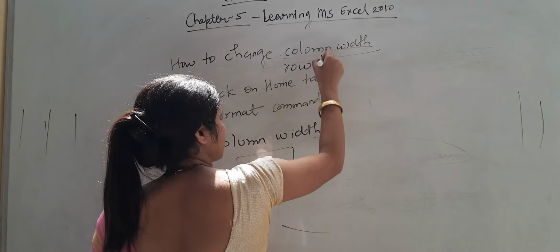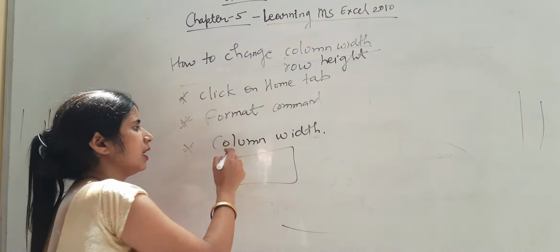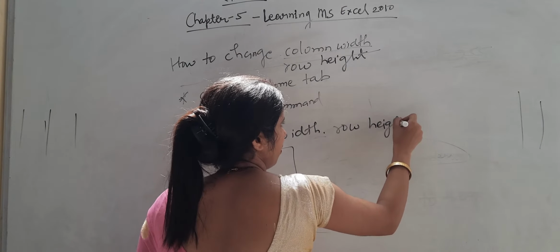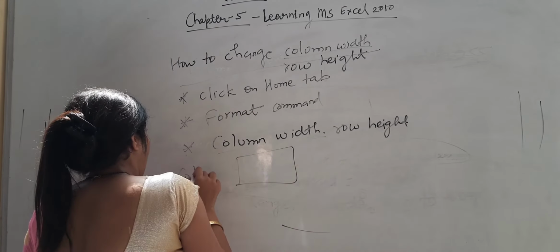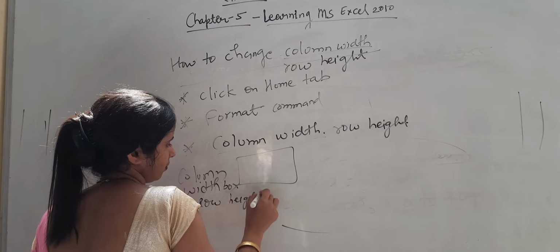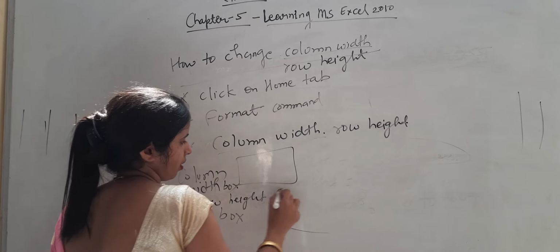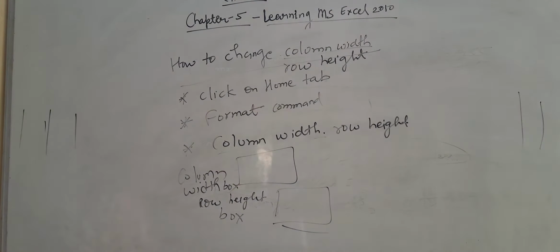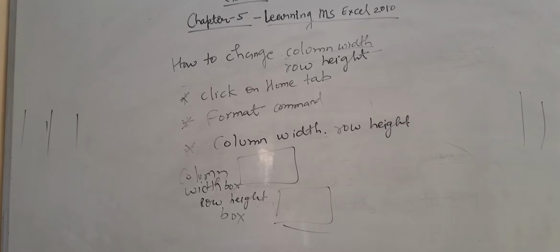Row height. Click on the Home tab, then the Format command, then here you have to choose. These are the two boxes that will help you to make the change in the column width and row height.